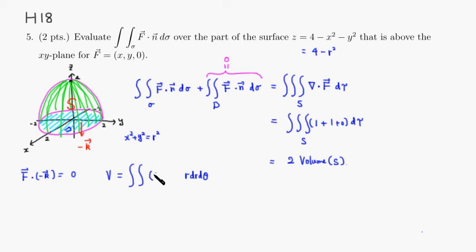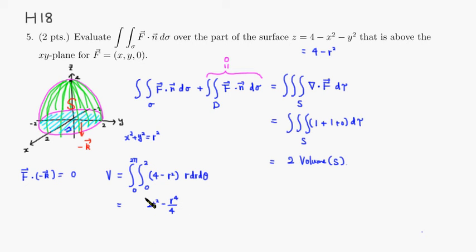So we're going to have to evaluate the double integral of 4 minus r squared times r dr, where r goes from 0 to 2. Then to cover the whole thing, theta goes from 0 to 2 pi. The antiderivative of 4r is 2r squared, and minus r cubed has antiderivative r to the 4th over 4.